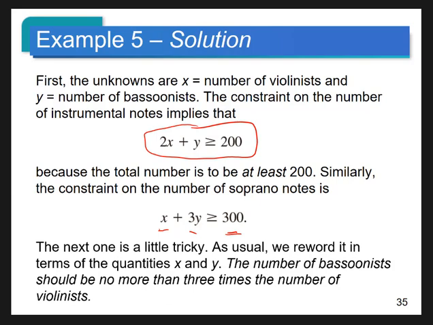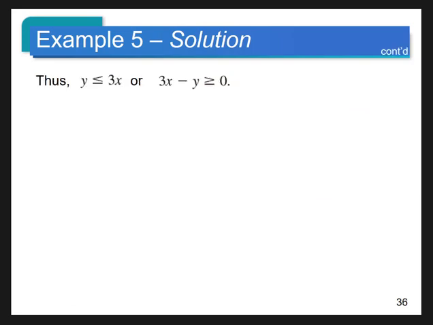So the next part here is a little tricky. We're looking at defining the number of bassoonists as being no more than 3 times the number of violinists. So we rearrange that to be that 3x minus y is greater than or equal to 0.